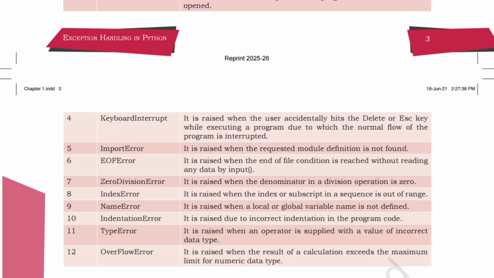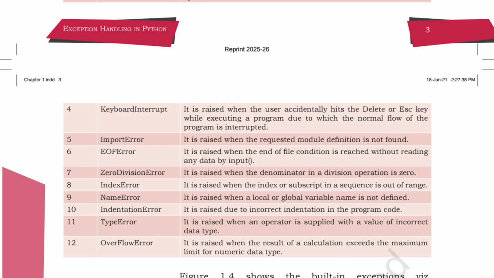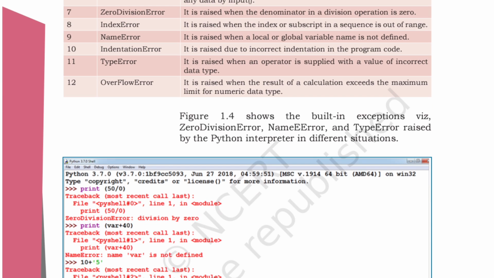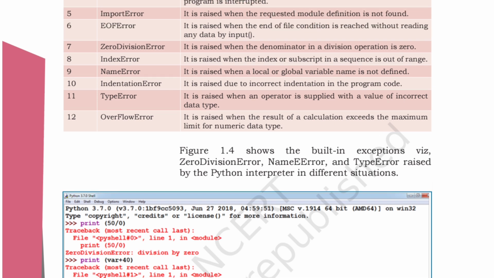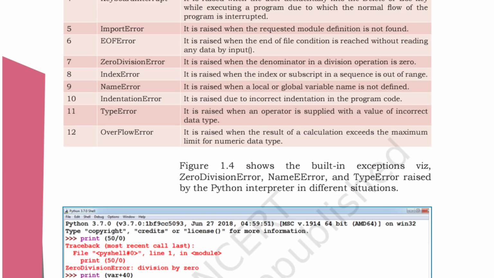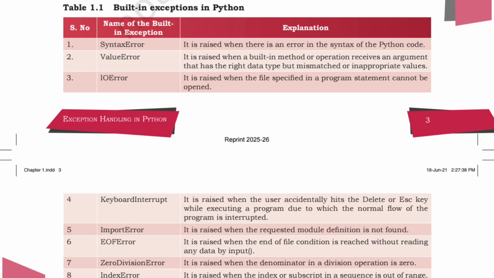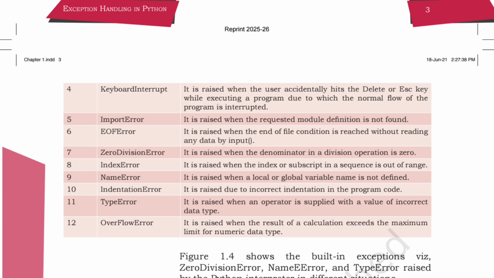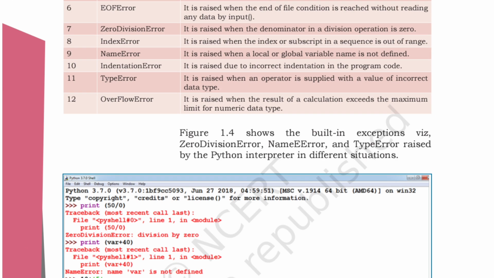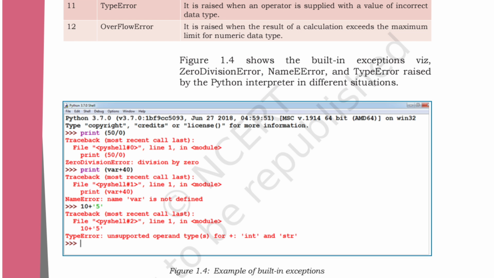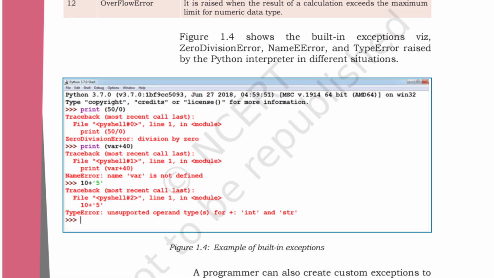It is all about the TypeError and the NameError, right? NameError is also about local and global variable names. Okay, so the ValueError is only defined for the value; value means data type value. And TypeError is only the type, that is the print mentioned over here is not defined, that's why it is a TypeError.